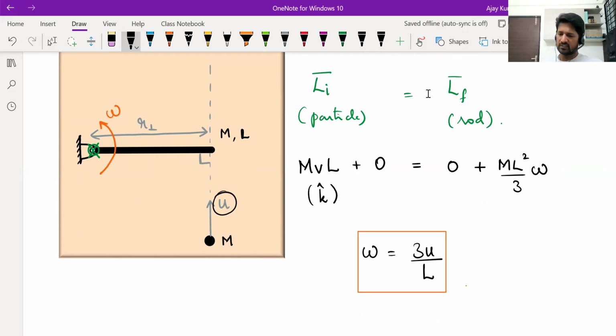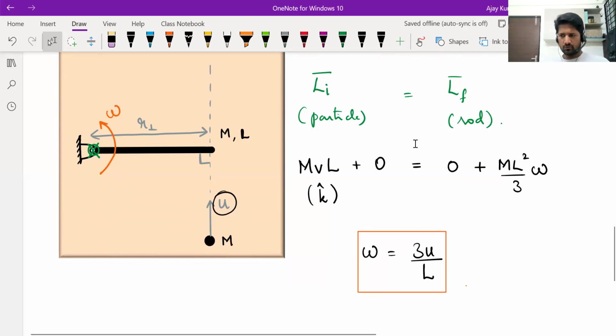So we will check the momentum of the rod plus particle system before collision and after collision. Is there any change? If there is any change, that change must have happened due to force exerted by the pivot. So based on the change in total momentum of the system, you can tell the direction of force exerted by the pivot. We will do that.